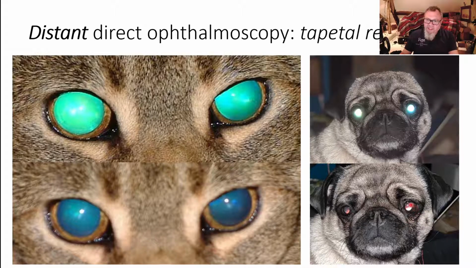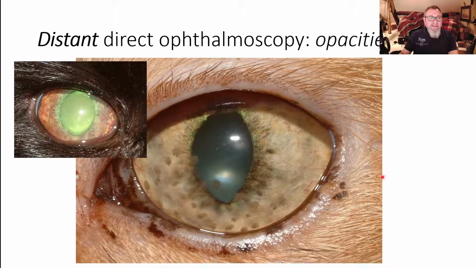So what we're seeing here is the non-tapetal fundus and the optic nerve head, and the tapetal fundus would be down here, in terms of where it actually moves away from us.